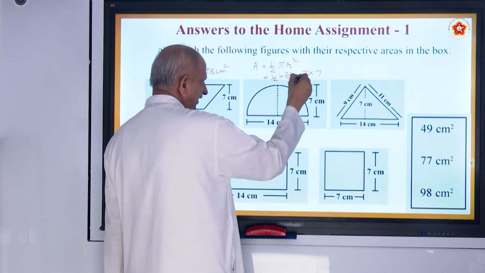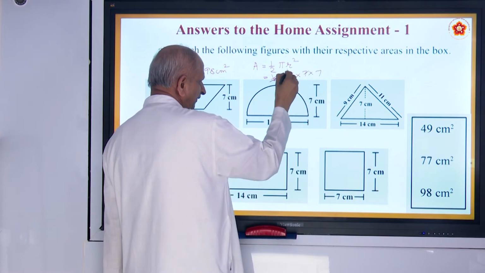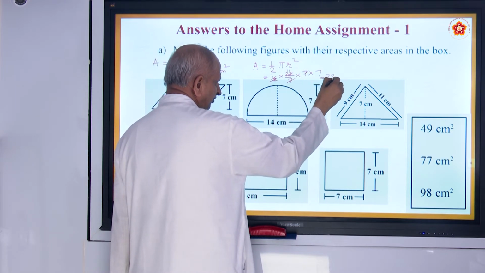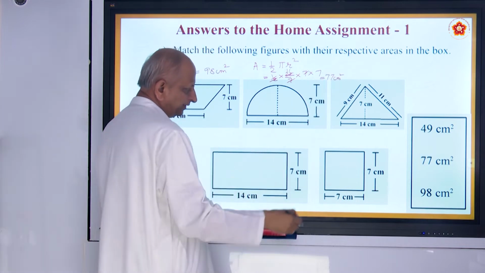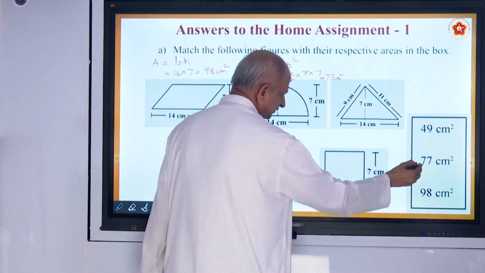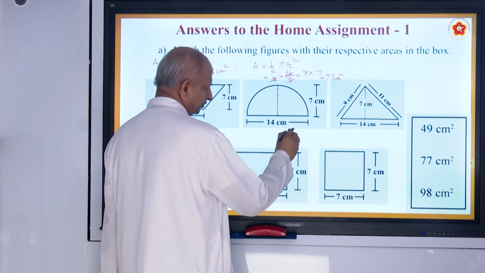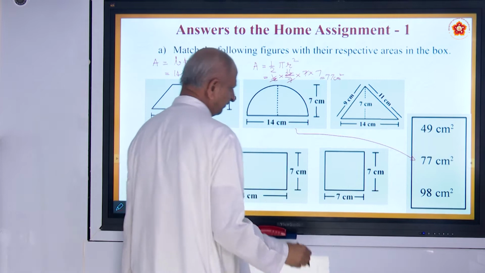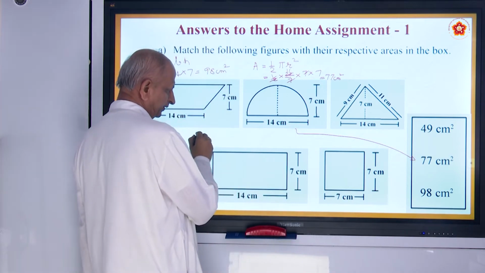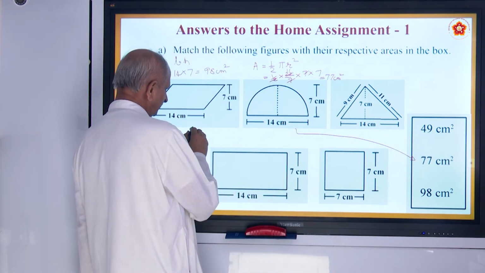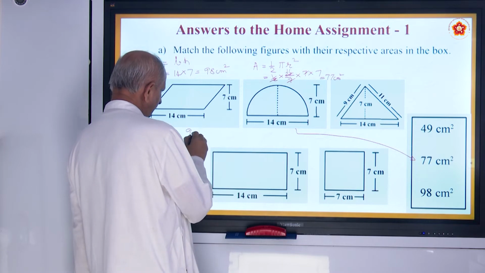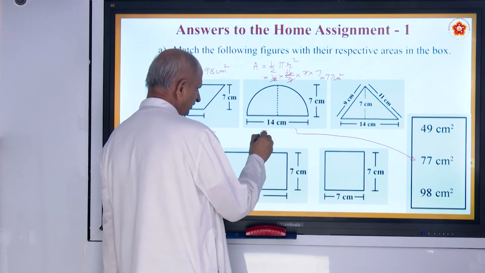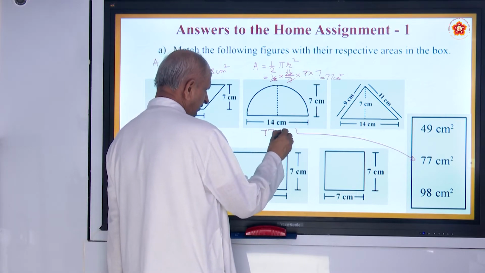So 7 cancels. 2 1s are 2, 2 11s are 22. 11 into 7, how much? 77 square centimeters. Is it there? Yes. So you can say this semicircle is 77 and this is 98. This area is 98 centimeter square and this is 77 centimeter square, correct?